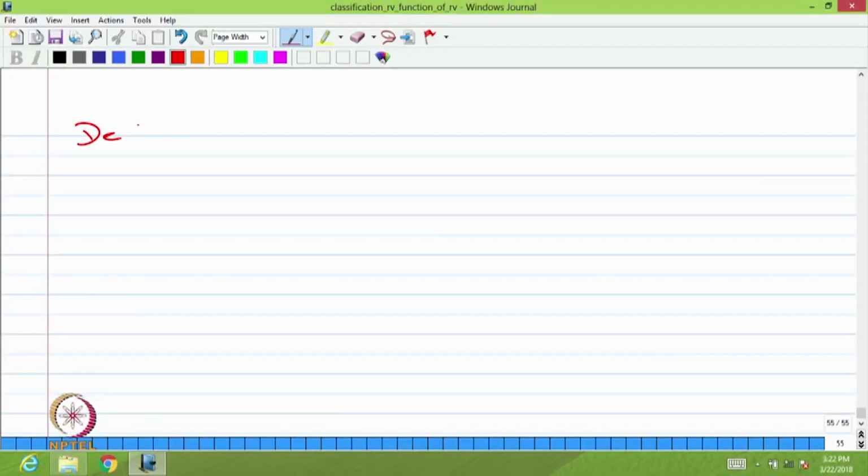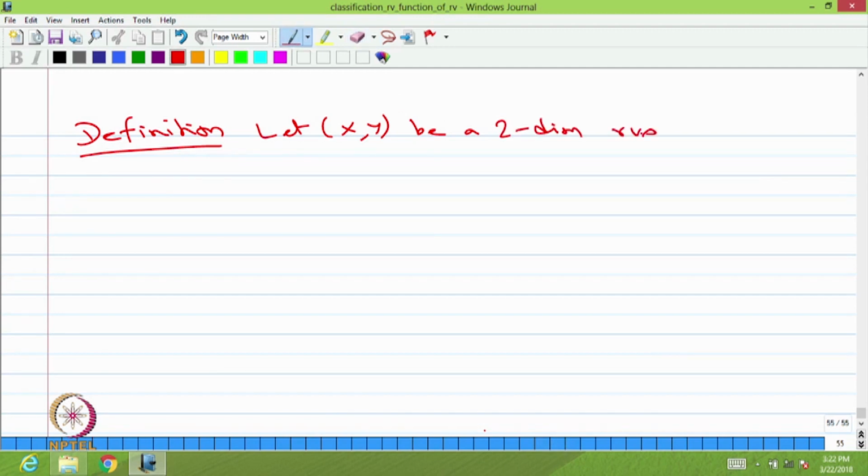Now we will move into the next definition. We start with the two-dimensional random variable. Let X, Y be a two-dimensional random variable.